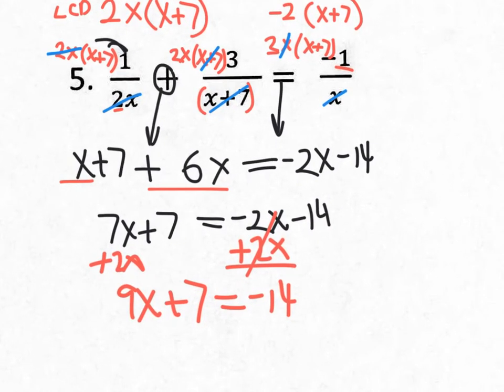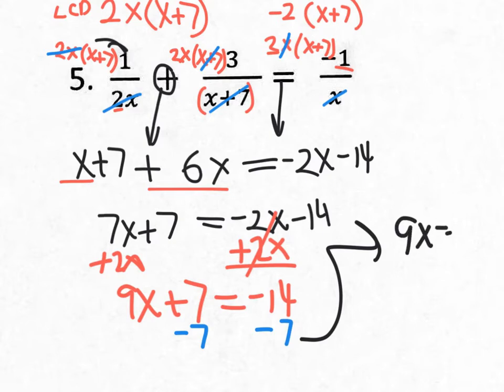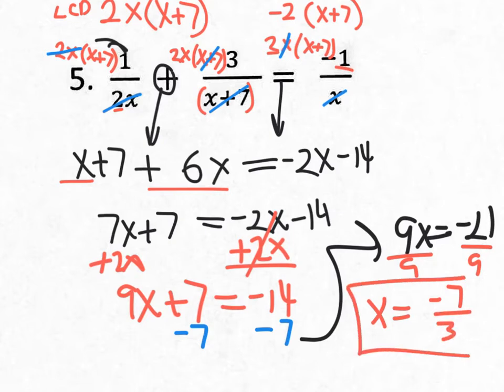Which means that if you subtract 7 here, subtract 7 there, you're going to end up with 9x equals negative 21. And your final step would be to divide by 9. And x, or 21 divided by 9, it doesn't work, but you could reduce it by 3. So you end up with a negative 7 over 3 as your final answer.